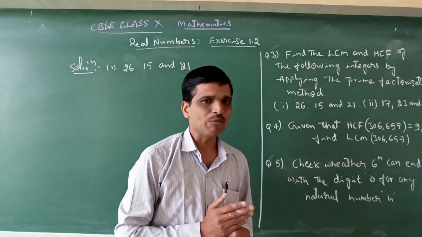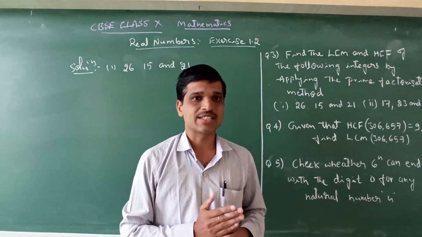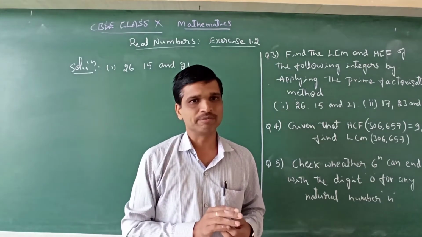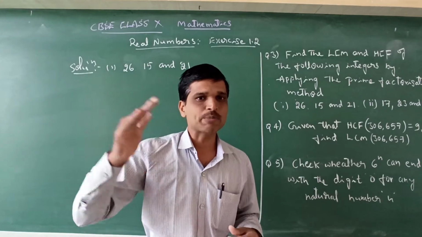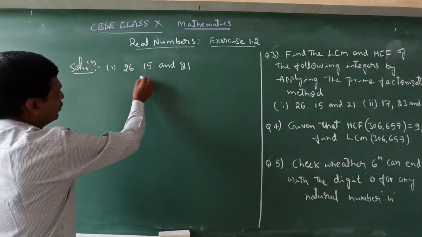In case of LCM, we should consider the greatest powers of the factors. In the HCF, the common primes with lowest power, and in the LCM, the greatest power of each prime factor. So that is why today we can continue.